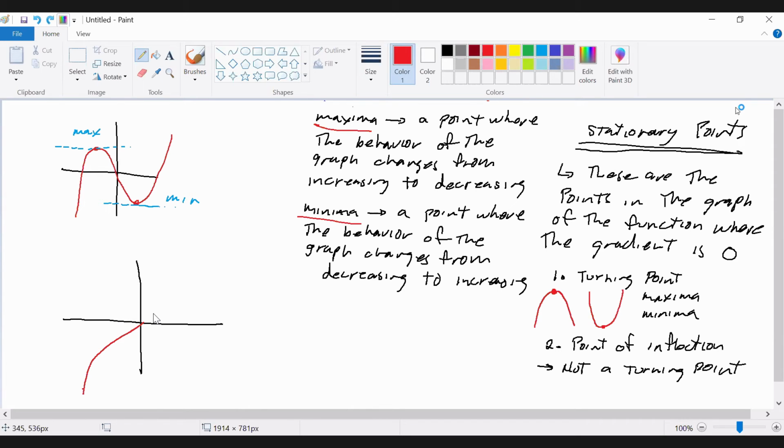Okay, it goes like this, and like this. Right? The curve here and here is cut like this. It goes like this, and then suddenly goes like this.